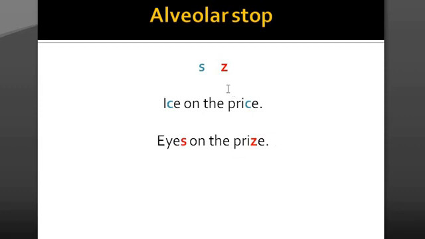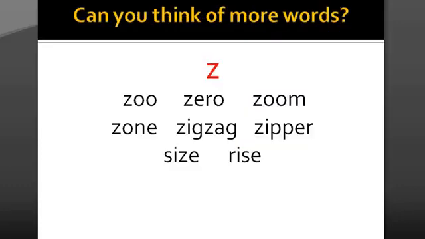S and Z, voiceless and voiced. Okay? So it's hard to make a sentence with Z, so let's just say a few words. Repeat after me. Zoo. Zero. Zoom.